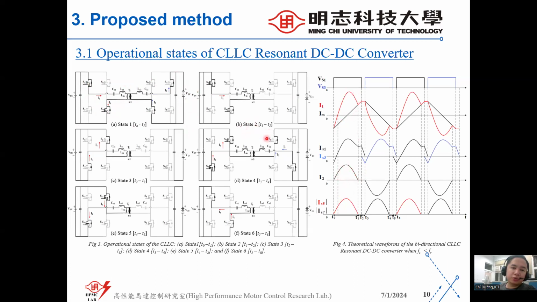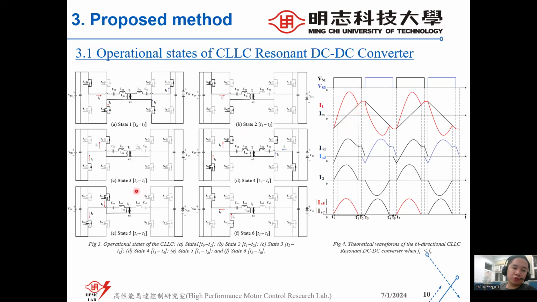But in stage 2, from T1 to T2, although S1 and S4 are turned on, there is no power supply for the load in the secondary side. So the secondary side current becomes zero, and the primary current keeps increasing following the current in the magnetizing inductance.